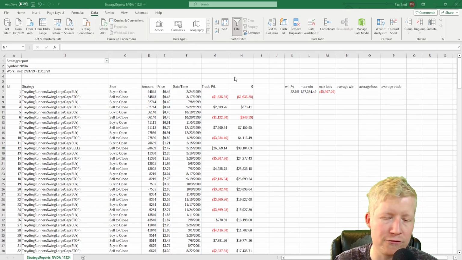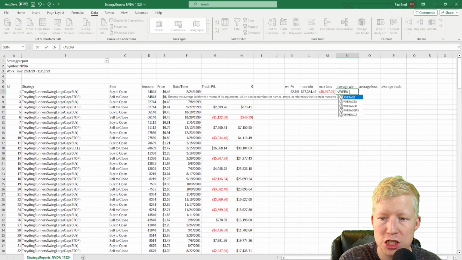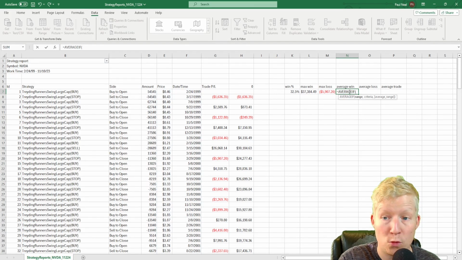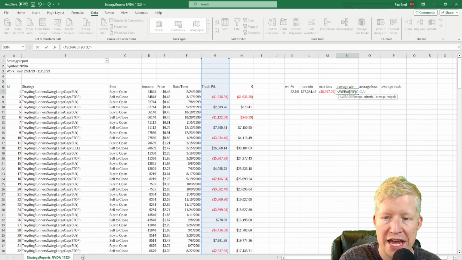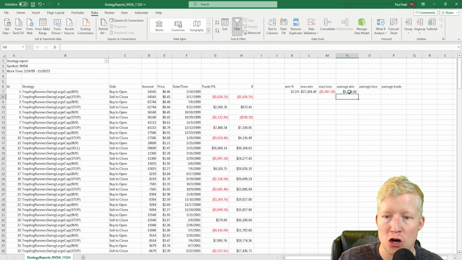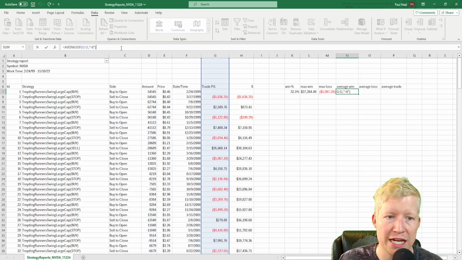So for your average win, this is going to be equal to average if. And this is going to be similar to the win percentage. You're going to take an average of the G column, comma, if greater than 0. So obviously your average win, take the average of anything in this column that's greater than 0. Fantastic. For the average loss, I bet you can guess what we're going to do.